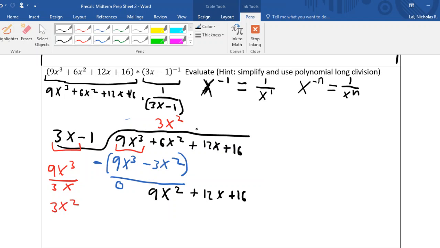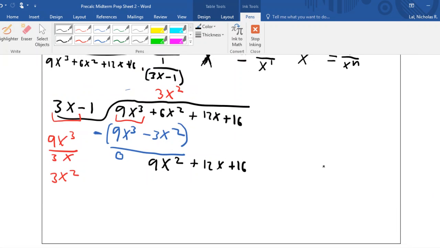Now, I have to, once again, divide my leading term by 3x. Well, now my leading term is 9x squared, and I have to divide it by 3x. So 9x squared divided by 3x is, yep, 3x. So that's 3x squared plus 3x.